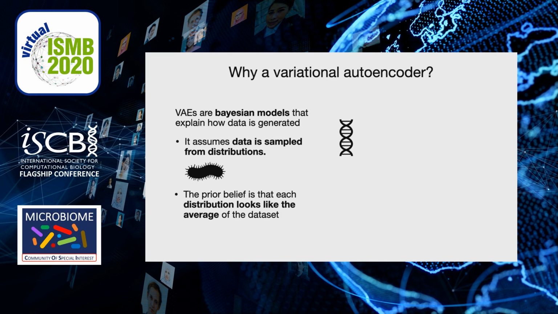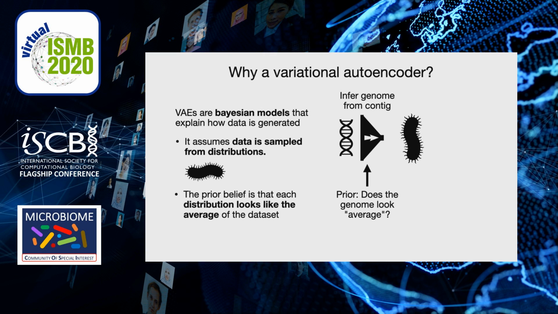We begin with our contig represented as k-mers and depths. In the first step, the variational autoencoder infers a genome from this contig. Here, the prior probability can be calculated. It calculates if the inferred genome looks close to the average of the whole dataset. In the second step, a single contig is sampled from the genome.